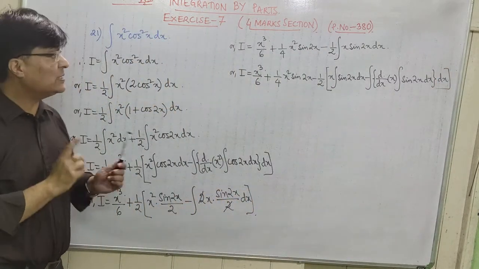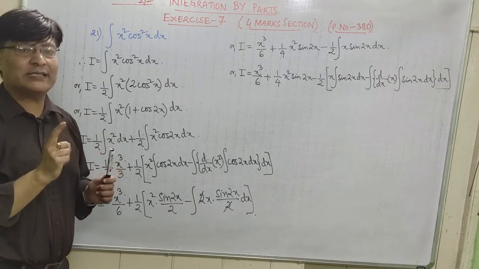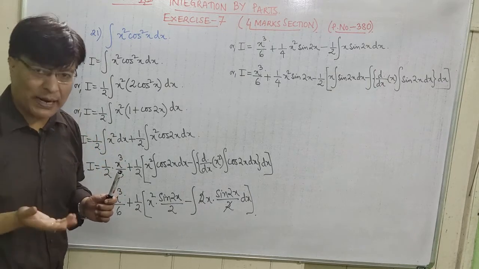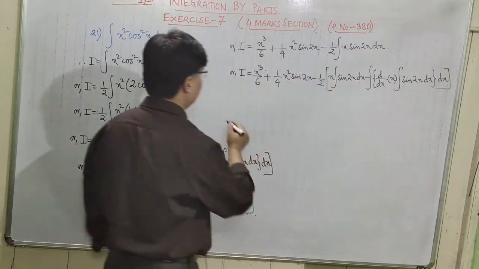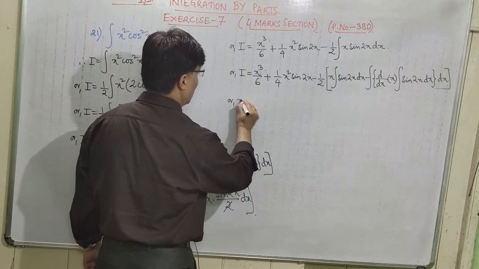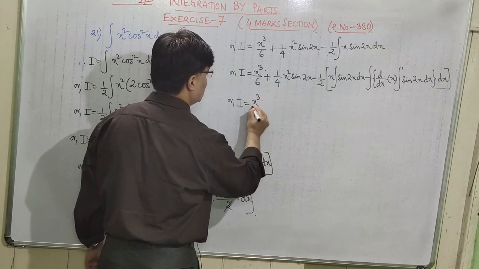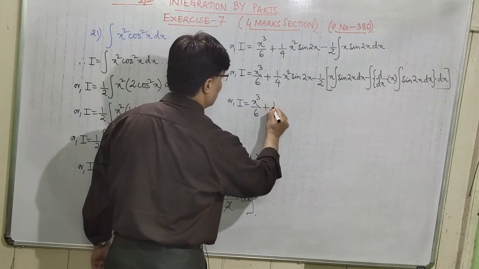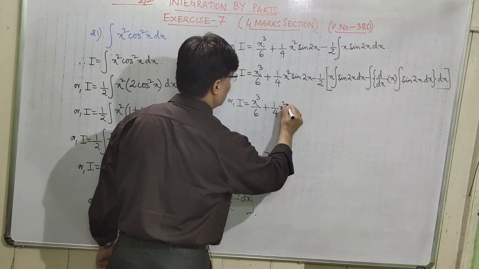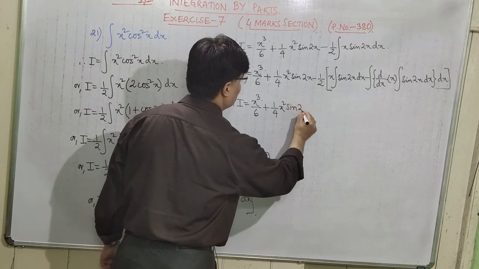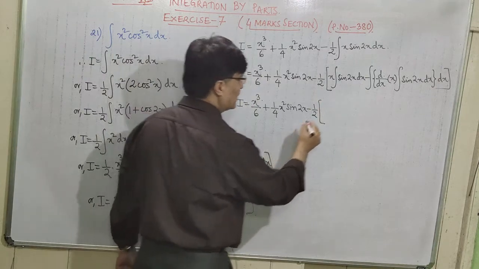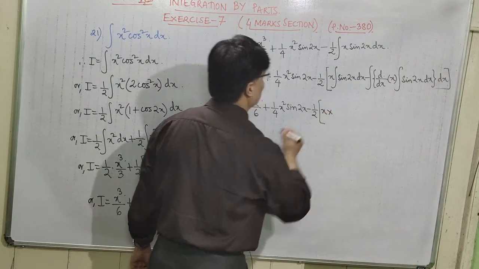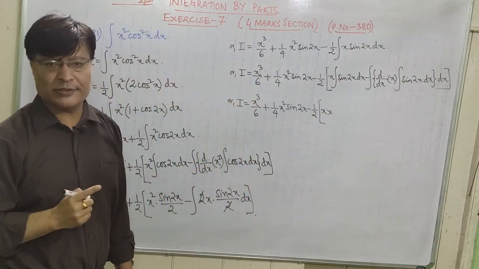That is, integration of x sine 2x dx is integrated by parts. So this is the formula, right? I is equal to x cubed by 6 plus 1/4 x square sine 2x minus half within the third bracket, x into, what is integration of sine 2x?